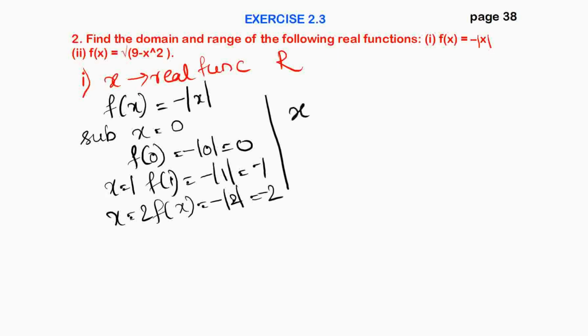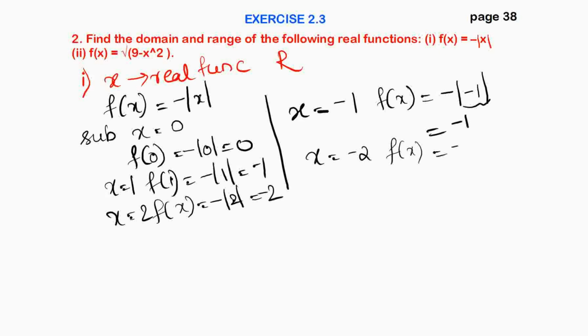Similarly, if x equal to minus 1, then f of x equal to minus of mod minus 1. Outside the mod the value is 1, so the negative sign is outside, so it is minus 1. For x equal to minus 2, the output is minus 2. So f of x is negative for all positive and negative values of x.